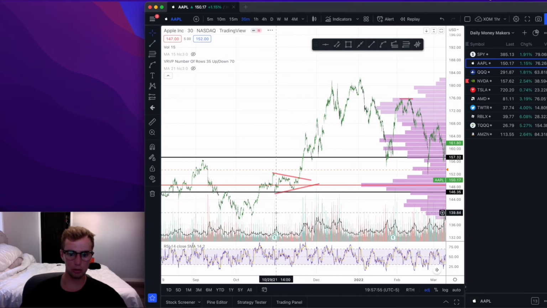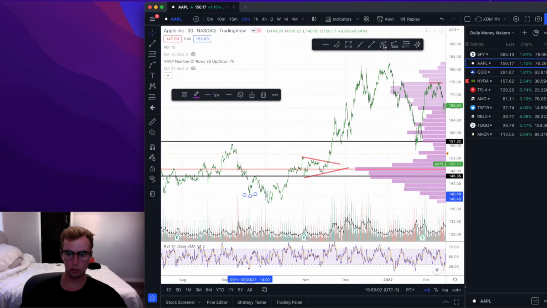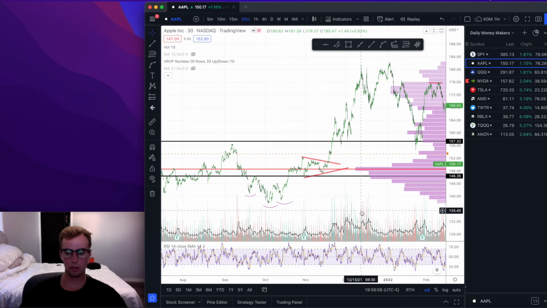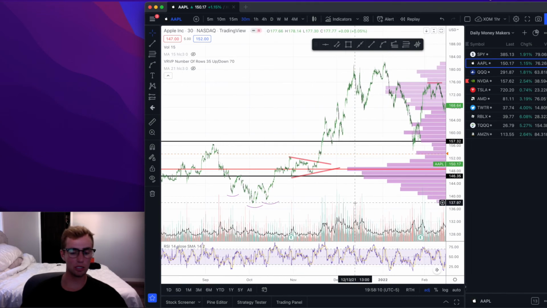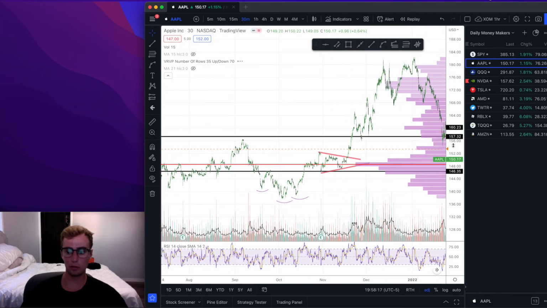Generally speaking, inverse head and shoulders down here. Here is the left shoulder, here's the head, and here's the right shoulder. And so I can spot this stuff just because I've looked at so many charts now. So if you're not seeing this and you're a beginner, it's okay. It's how I was. That's how it is for everyone in the beginning.